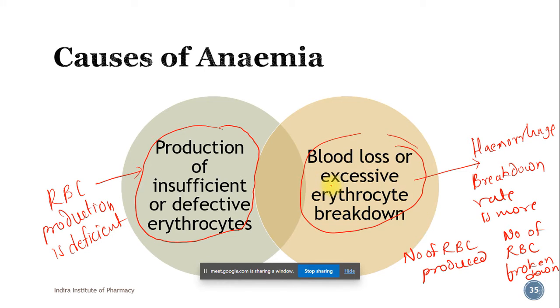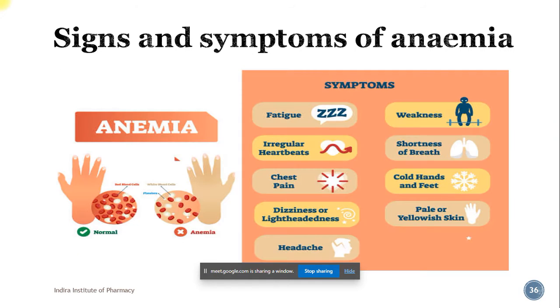But in excessive erythrocyte breakdown, the number of RBCs being broken down is more than the number being produced. Okay, so signs and symptoms of anemia.